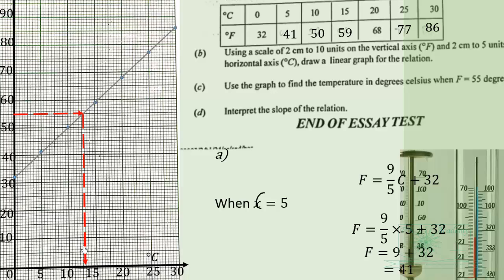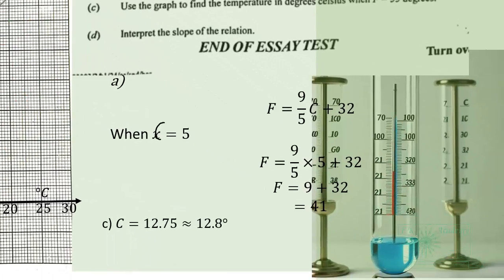You can see that this is beyond half of it, so half of this will be 12.5. Then in the middle of the box, that is half of 0.5, which is 0.25. So add it to the 12.5 and that will give you 12.75, approximately 12.8 degrees.